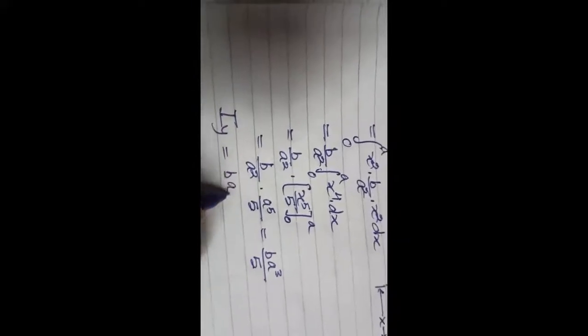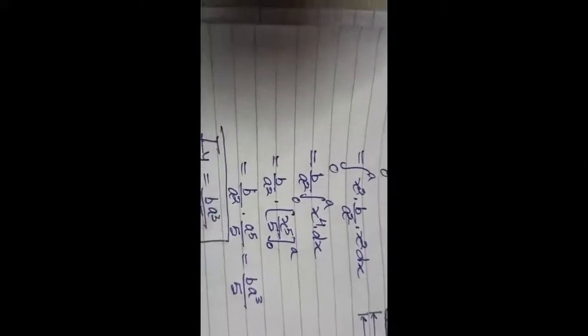Putting the limit, b upon a square into a to the power 5 upon 5. By a square, it will come out as a cube, so b a cube by 5. So Iy is equal to b a cube by 5.